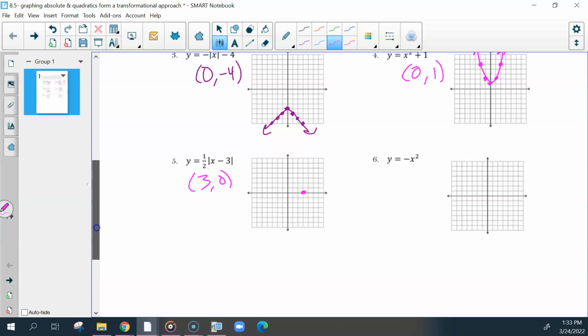Because this is vertically compressed by 1/2, instead of your slope, because it is an absolute value, going up 1 to the right 1, you're going to go up 1 to the right 2, so that makes it a little easier. And then you can do the same thing on the other side. Up 1 to the right 2, or to the left 2, sorry. Now, I could keep going up and left on this side, but I want this to match on both sides, so I'm going to stop there.